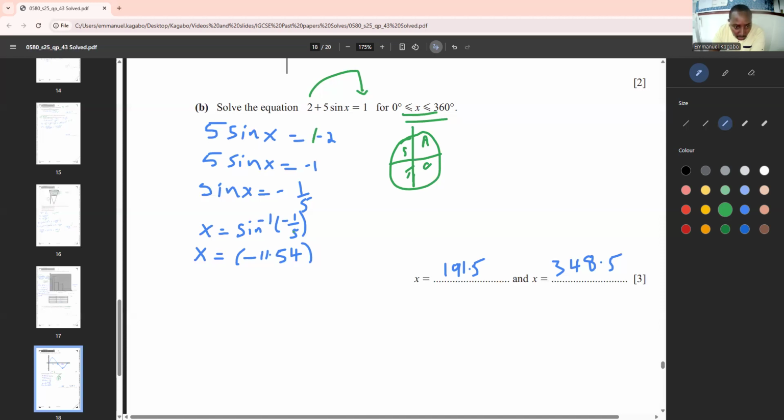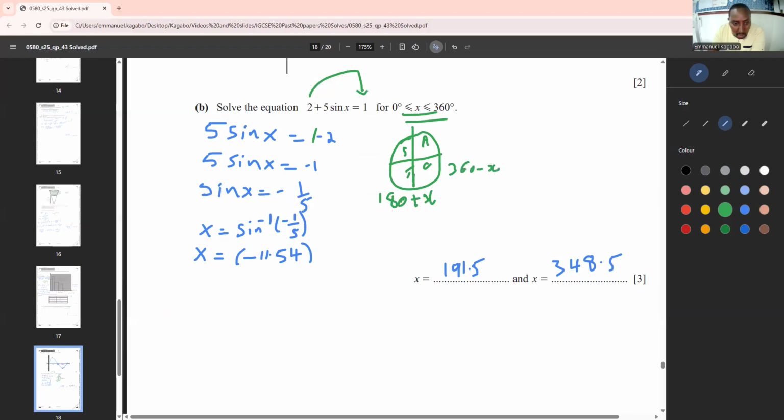Basing on the context of the question we have here, sine will be negative here and here. We're looking for the angles in the third and fourth quadrant. So how do we get the angles in the third quadrant? 180 plus your acute angle, and then here 360 minus your acute angle.